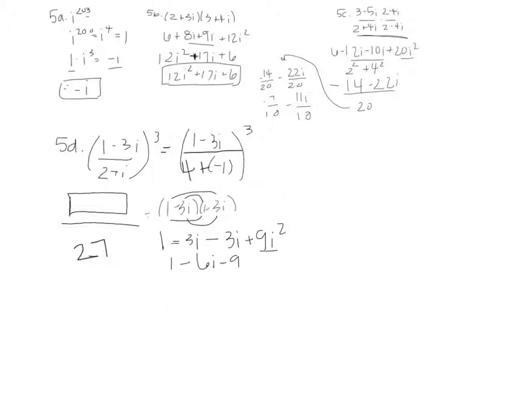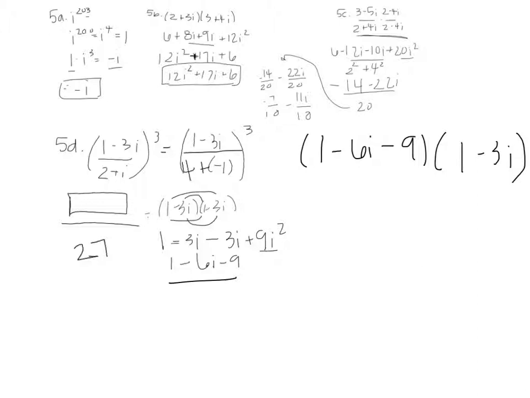From here, you have to multiply this one more time. So we're going to take this right here, and we're going to multiply that over here. We're going to do 1 minus 6i minus 9. We're going to multiply that by 1 minus 3i. And from here we FOIL again.